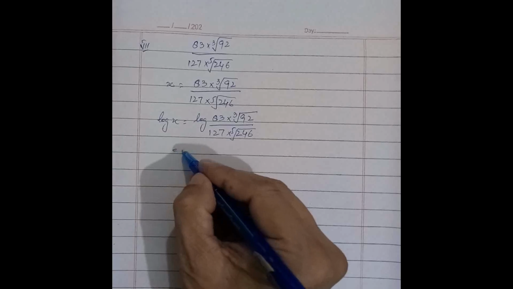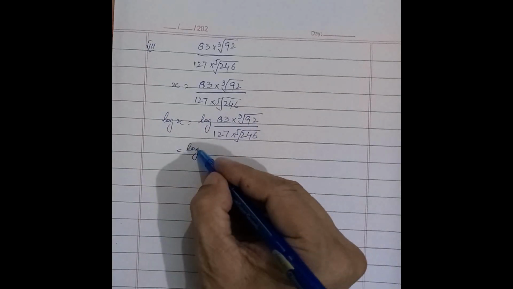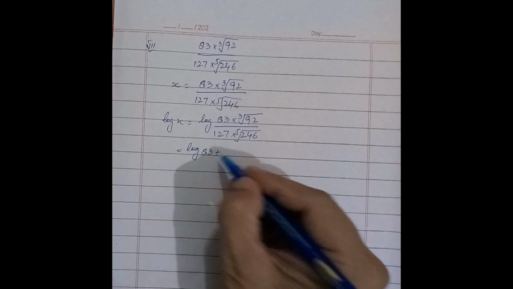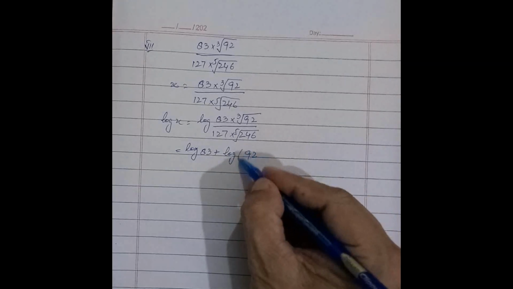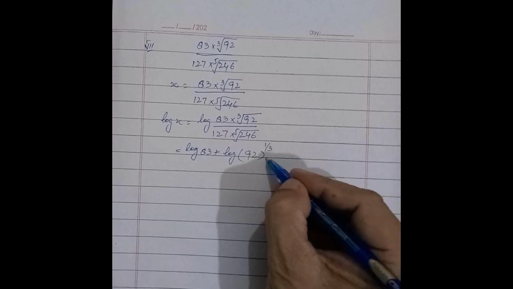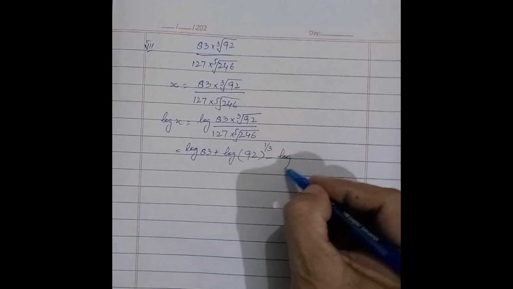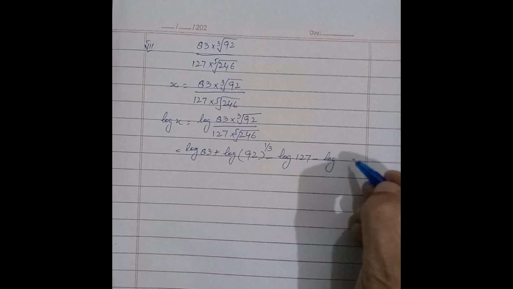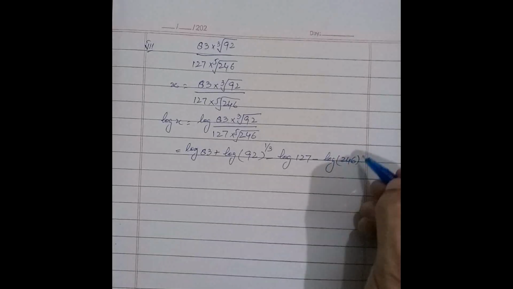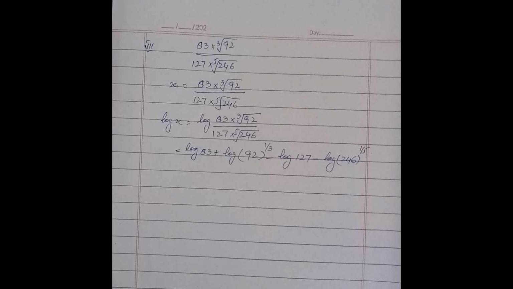We get log 83 plus log 92 cube root minus log 127 minus log 246 fifth root.